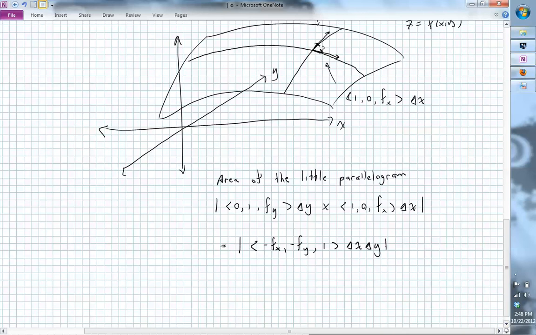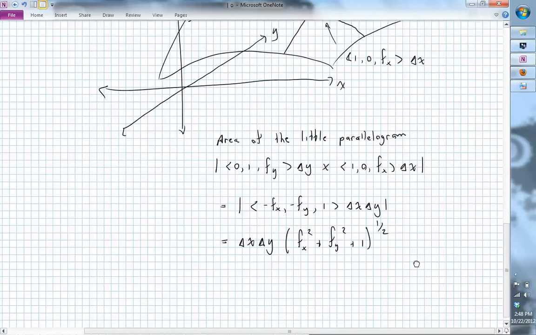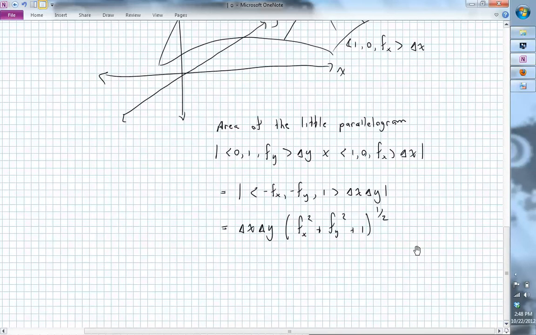Remember, f sub x is the partial with respect to x, f sub y is the partial with respect to y. The magnitude of that vector is delta x, delta y, times the square root of f sub x squared plus f sub y squared plus 1. So that represents the area of one of these tiny little parallelograms.